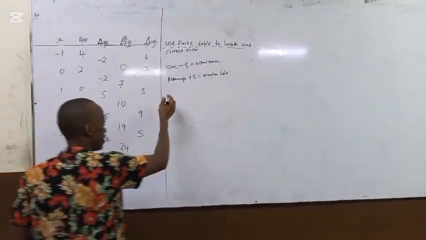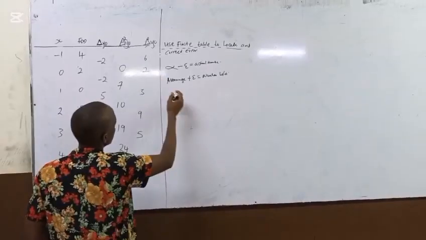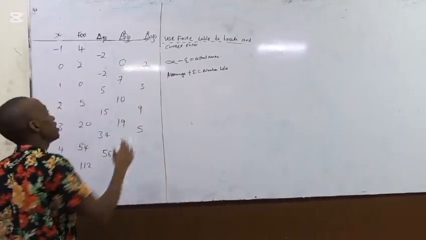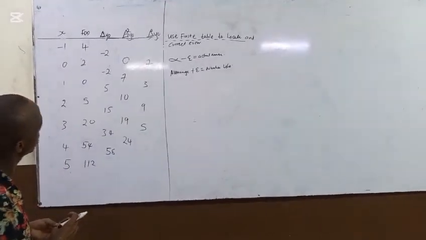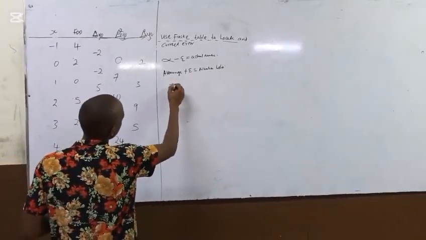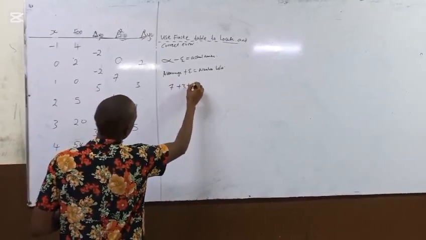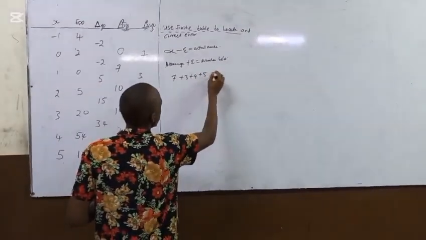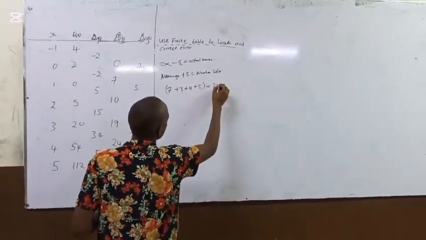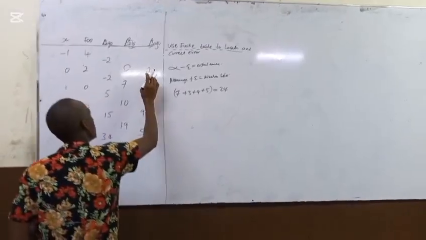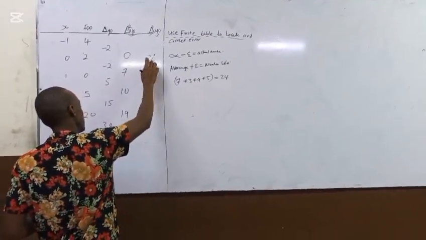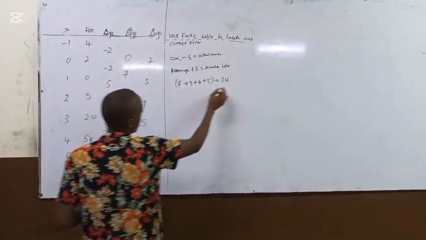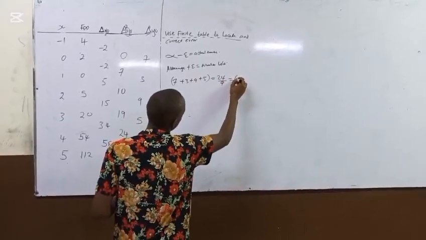Now let's work on this. First of all, let us find the average. The average of the third difference values: 7 plus 3 plus 9 plus 5. We get 24. Again, 24 divided by the number, which is 1, 2, 3, 4, divided by 4, we get 6.